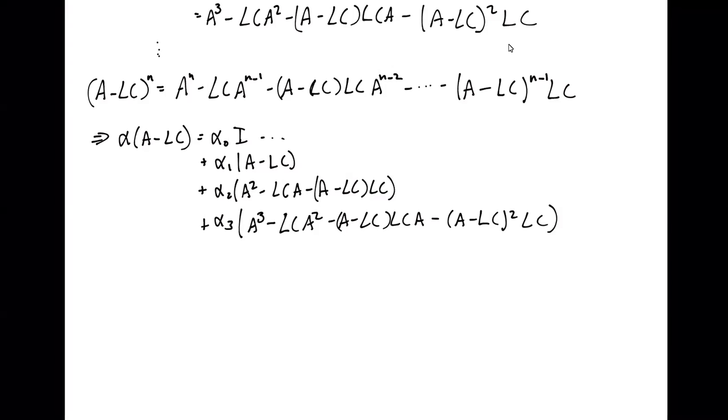And then you can take it out, plus dot dot dot, all the way out to A to the n minus LC A to the n minus 1 minus A minus LC LC A to the n minus 2 minus dot dot dot minus A minus LC to the n minus 1 LC. And then this quantity is equal to 0.